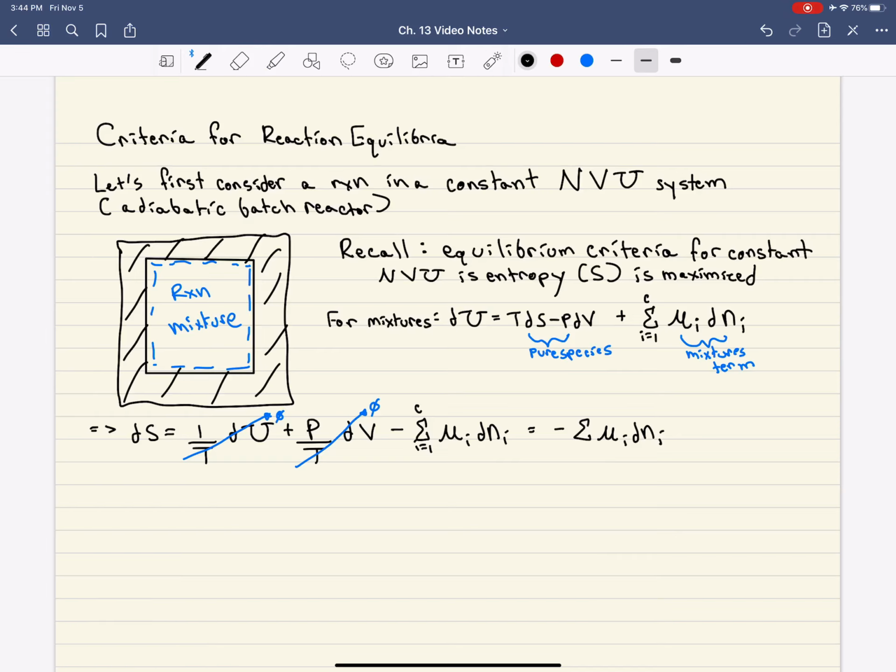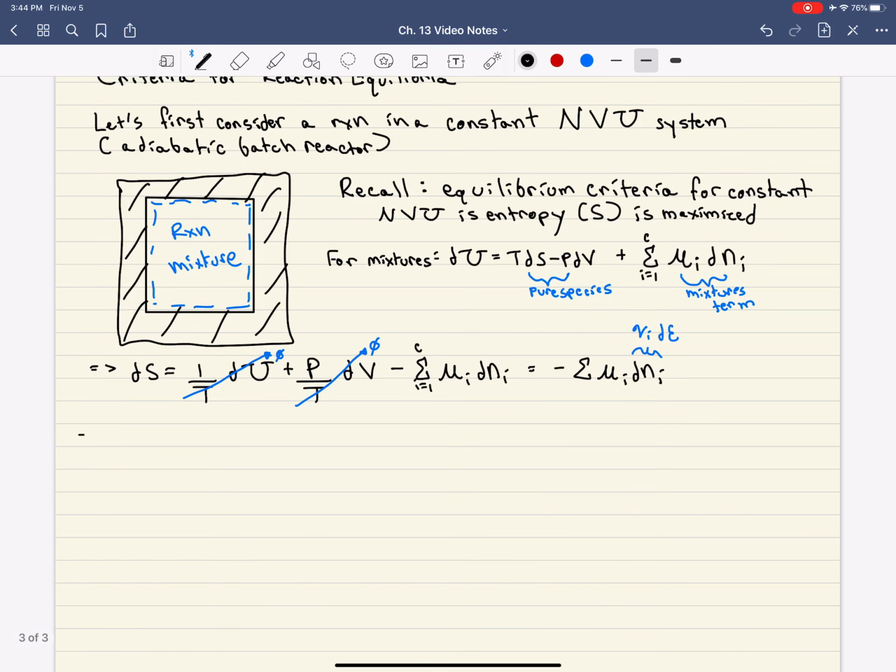But since we're dealing with reactive mixtures, we could also rewrite this dNi in terms of the stoichiometric coefficient and the extent of reaction. Okay? So we have dS is equal to, we'll keep the negative around, the sum from i equals 1 to c of mu i nu i d epsilon.